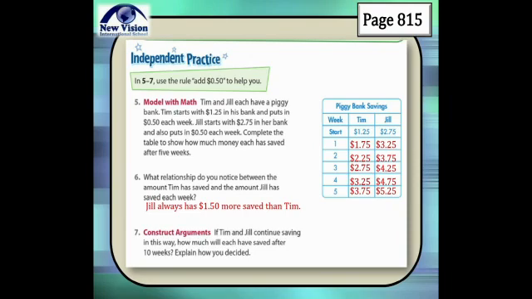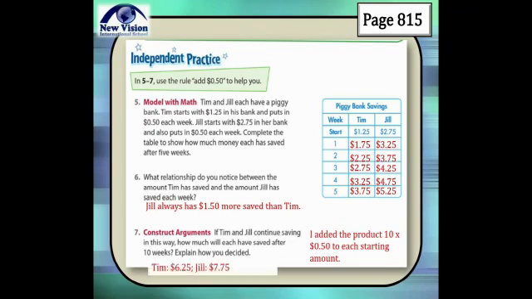Explain how you decided. So I added the product 10 times 0.50 to each starting amount. So Tim will have $6.25 and Jill will have $7.75.